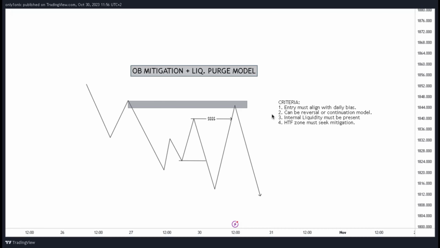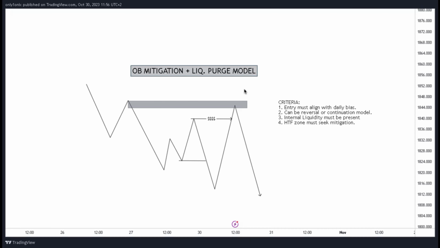Okay. Make sure you sit tight, and I would advise you to take a few notes. They might come in handy if you are trying to understand ICT and some smart money concepts and the entry models, right? So for this model, we have an order block mitigation with a liquidity purge, right?